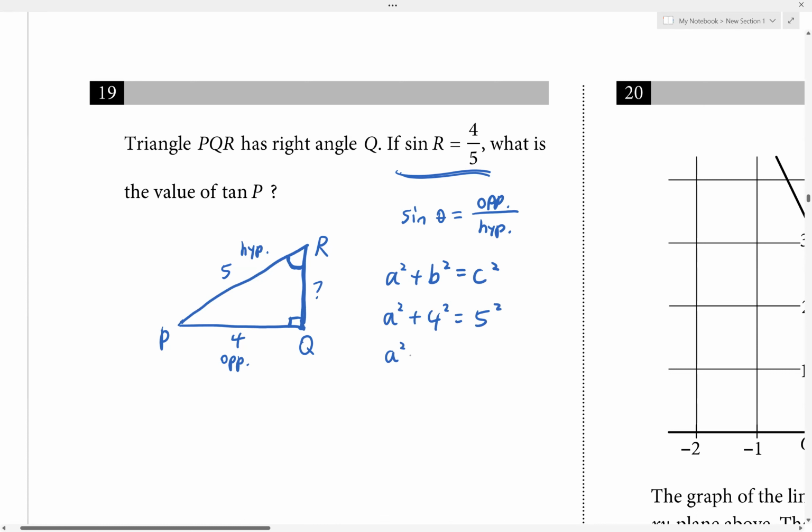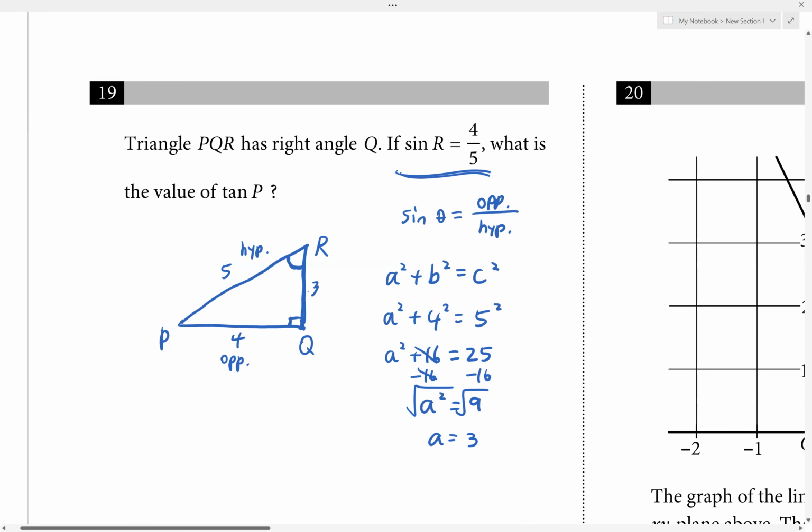We get a squared plus 16 equals 25. Subtract 16 on both sides, and we get a squared equals 9. Lastly, take the square root, and we get a equals 3. So this leg is actually equal to 3.